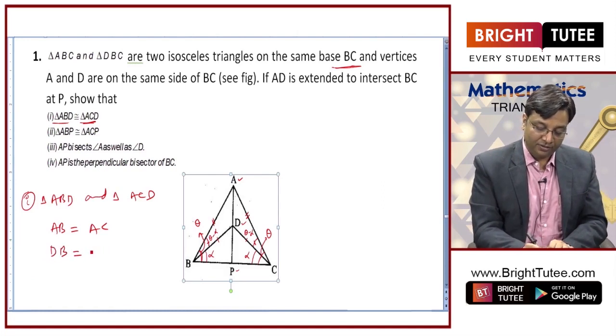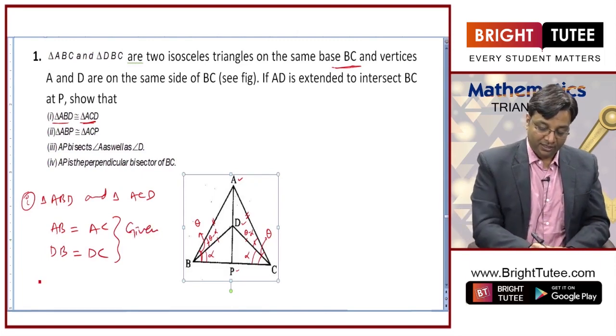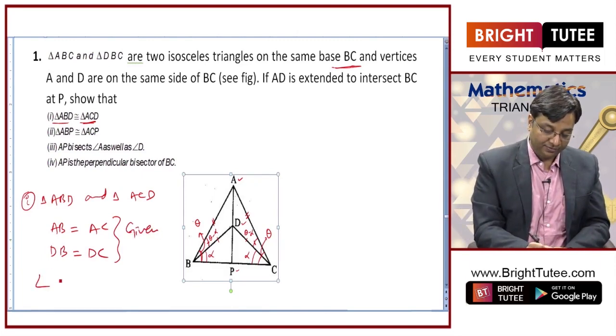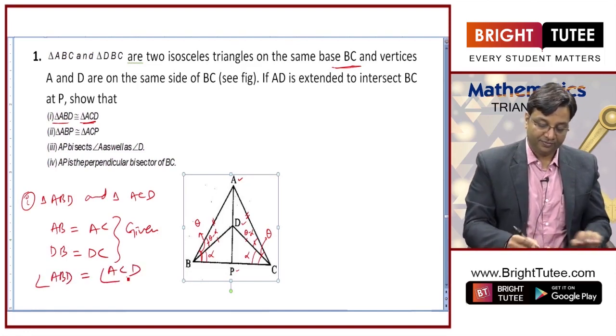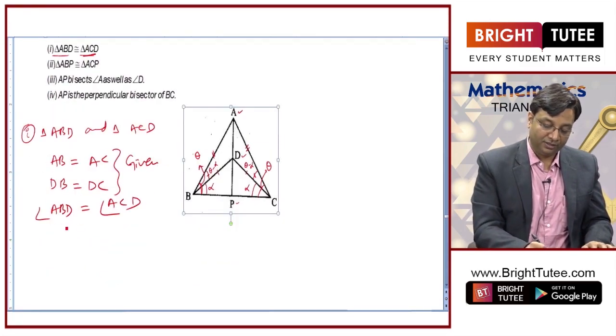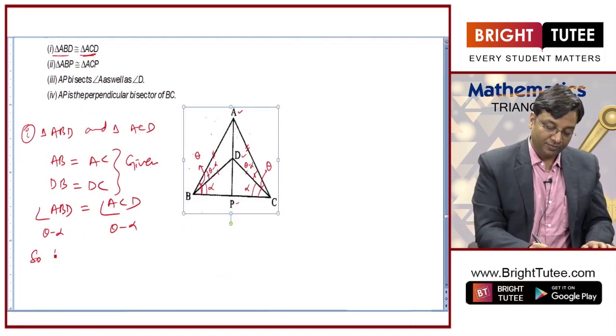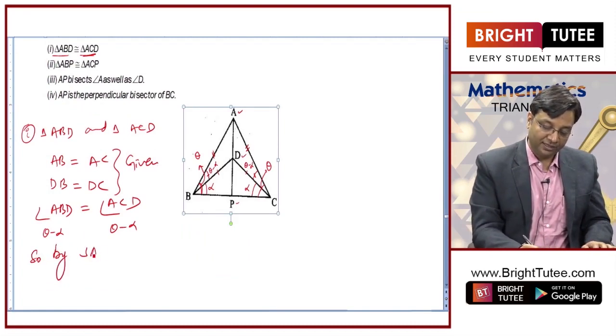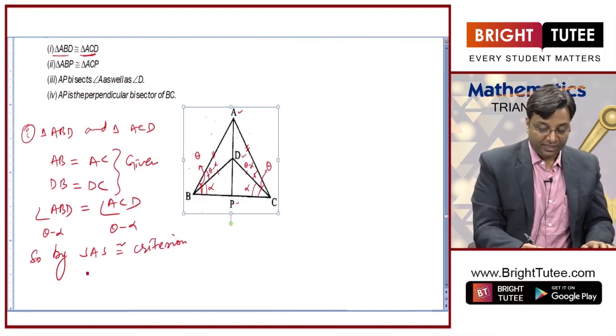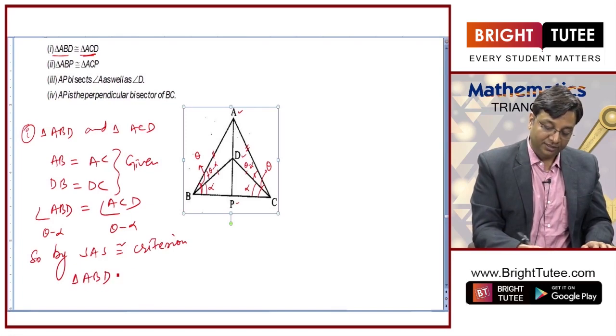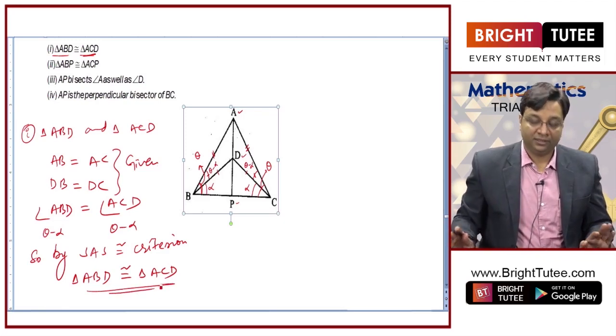DB is equal to DC, it is also given, right. And angle ABD is equal to angle ACD. Why? Because we have proved both are theta minus alpha. So, by side angle side congruence criteria, I can say triangle ABD is congruent to triangle ACD, right. This much was simple.